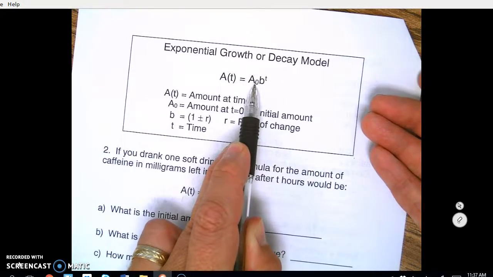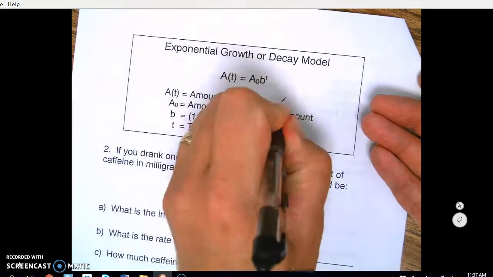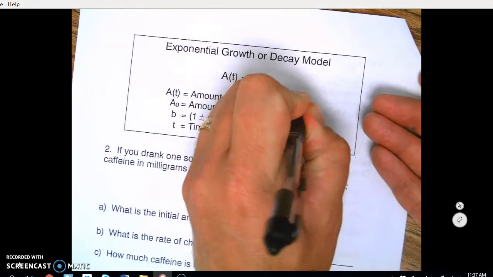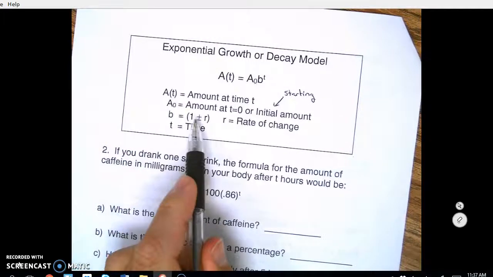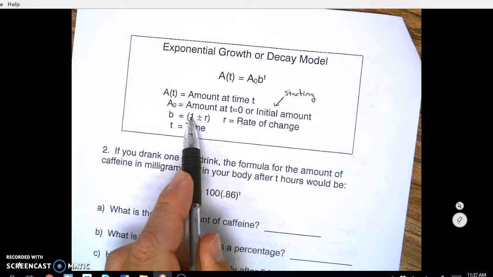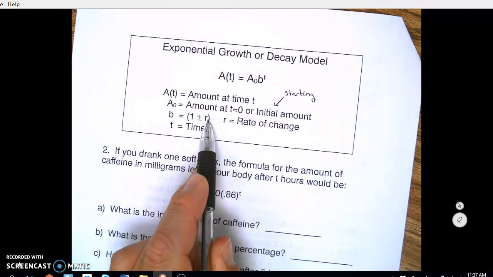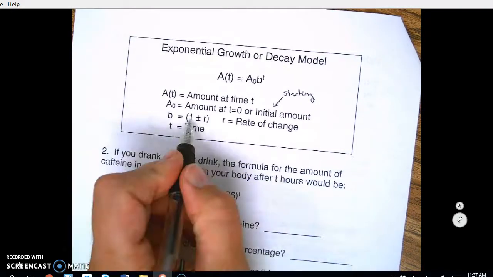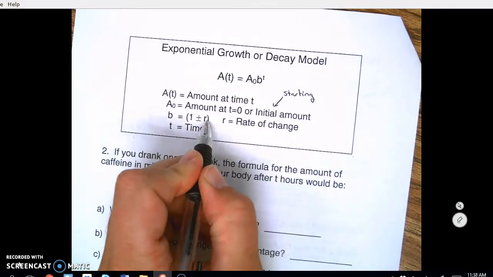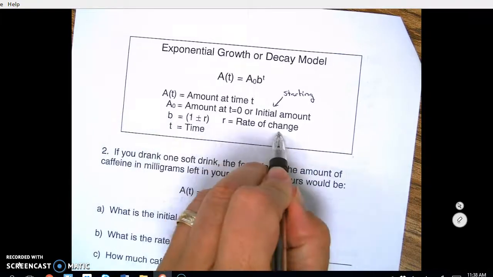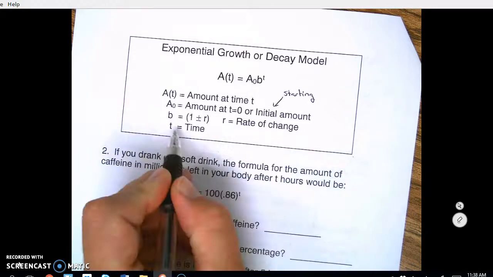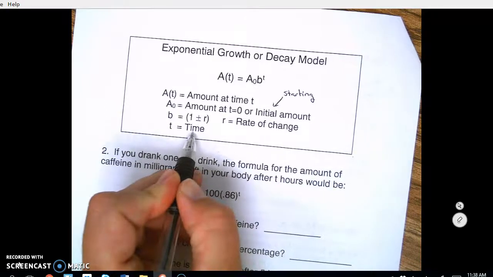How much do we start with? Okay, B, we kind of did this before. Since it was a growth, we did 1 plus R. We did 1 plus the 0.06 for our growth. And if it's a decay, we would do 1 minus R. And R is your rate of change. T is going to obviously be your time.